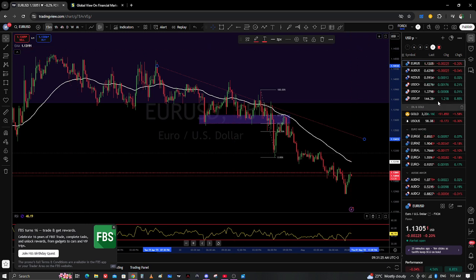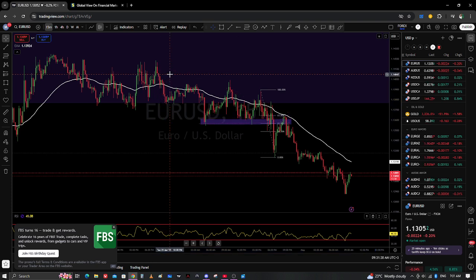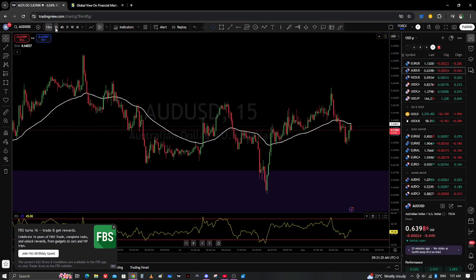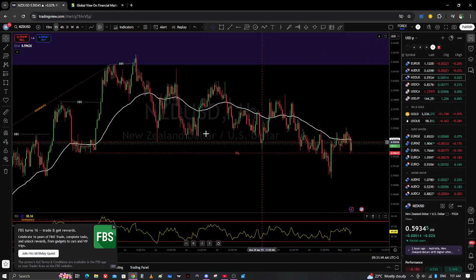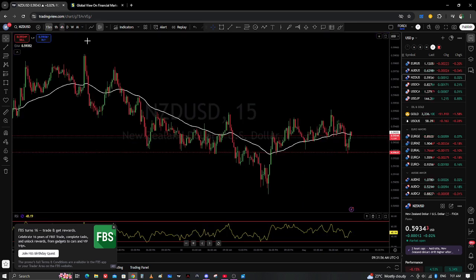Okay, so let's move on to the other pairs. Going down to the Australian dollar, the Aussie dollar, we don't have a clear formation here, so we pass. New Zealand dollar, we also don't have a clear formation right here. But if we go down into the 15 minutes time frame, maybe there's something to be had here.